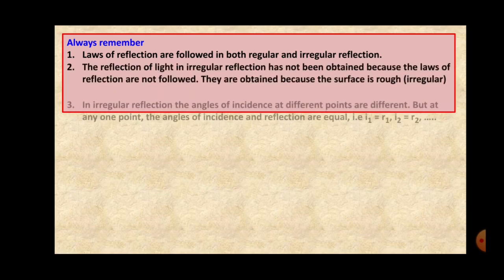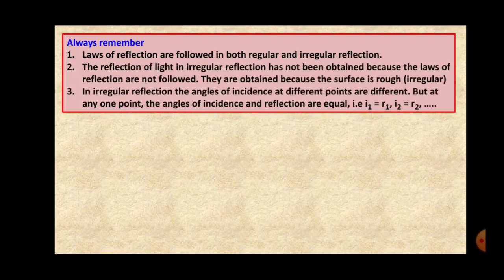Now students, these points you have to always remember, that laws of reflection are found in both regular and irregular reflection. And second, reflection of light from an irregular surface is not obtained because the laws of reflection are not followed. They are obtained because the surface is rough.